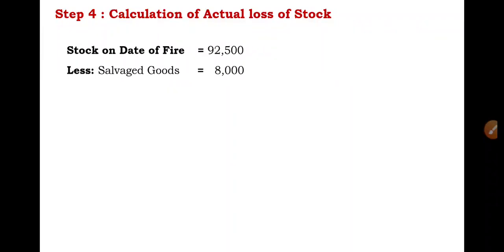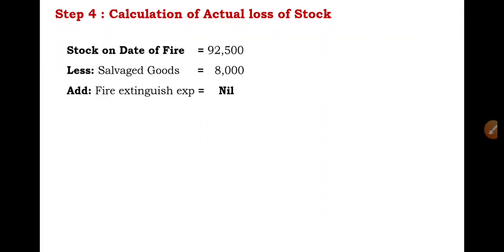Calculation of actual loss of stock is very simple. First we have to consider stock on date of fire, which is 92,500. From that we have to deduct salvaged goods. In the question they have given 8,000 rupees worth of goods saved along with some records, so the amount considered is 8,000 salvaged goods.